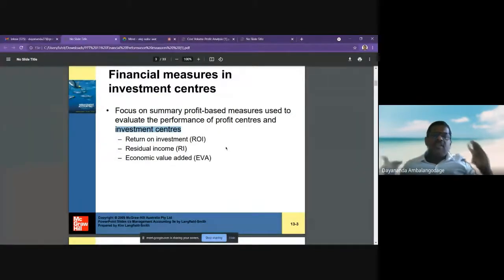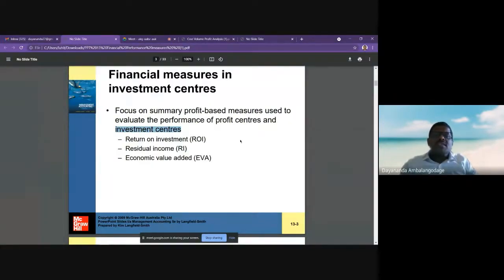But the meaning of investment center, you are responsible for revenue, you are responsible for cost, you are responsible for investments. Those are the three areas. We call it investment centers.